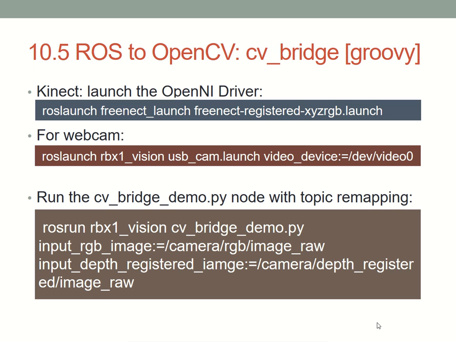Right now, when we run USB cam, the topic is camera RGB image raw, I think. But this Python code needs it to be input RGB image. So we do the remapping of this one. But we need to do two remappings, not just one. There's another one called camera depth registered image raw, and we need to change it to input depth registered image. It's a lot to write.